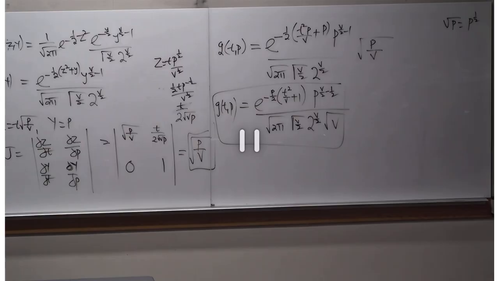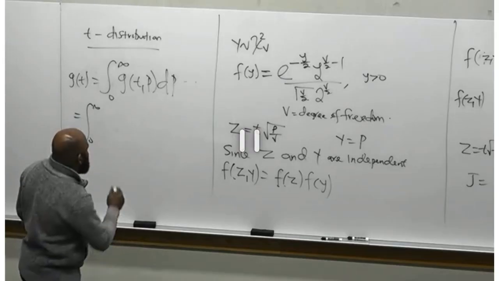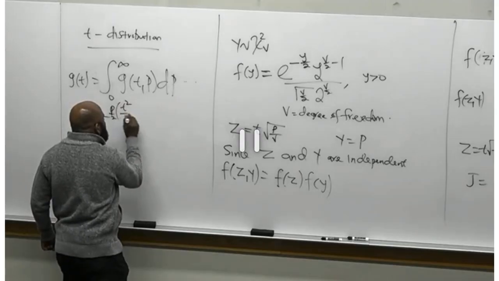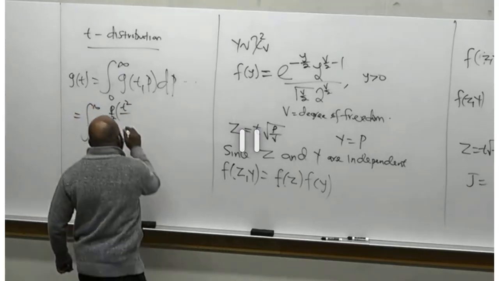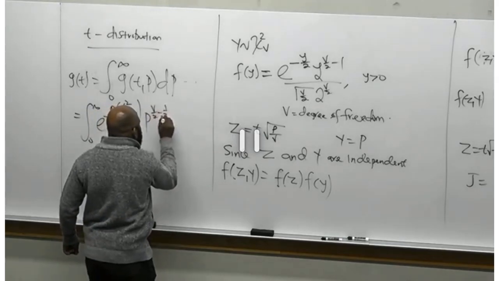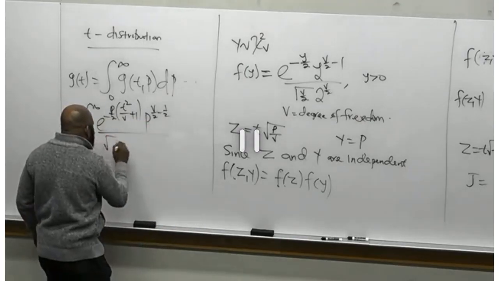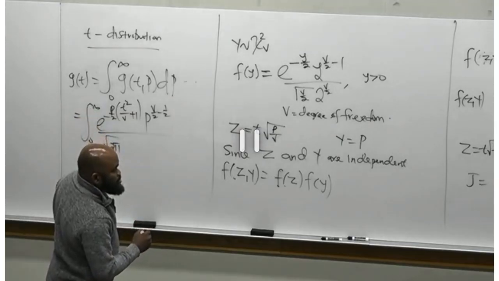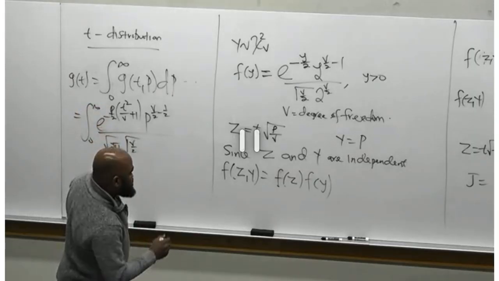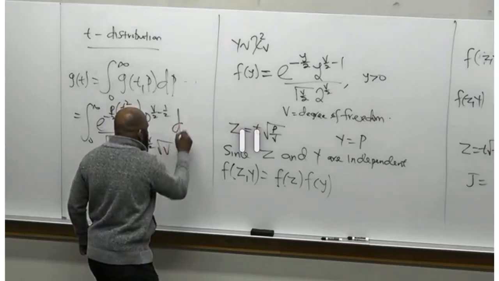So I'm going to rewrite that now. Integral from 0 to infinity of exponential raised to the power minus P over 2, t squared over V plus 1, P raised to the power V over 2 minus 1 over 2, divided by square root of 2 pi, gamma V over 2, 2 raised to the power V over 2, then square root of V dP.